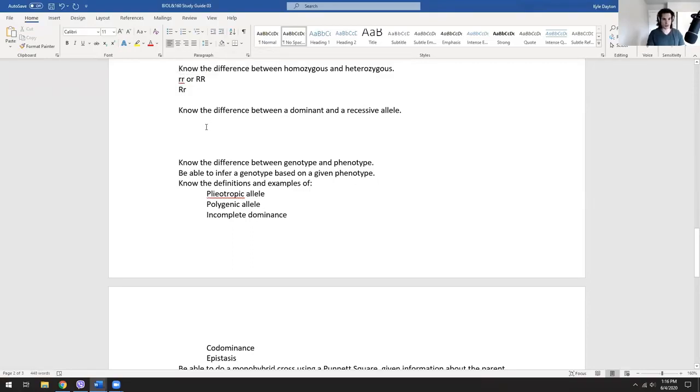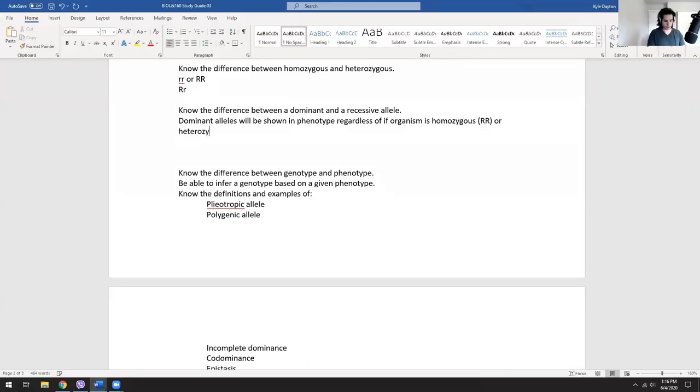So dominant alleles will be shown in phenotype regardless of if the organism is homozygous or heterozygous.